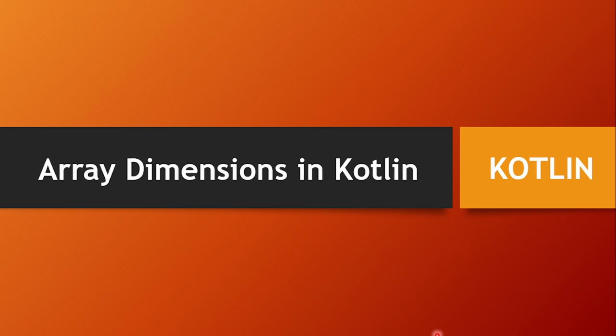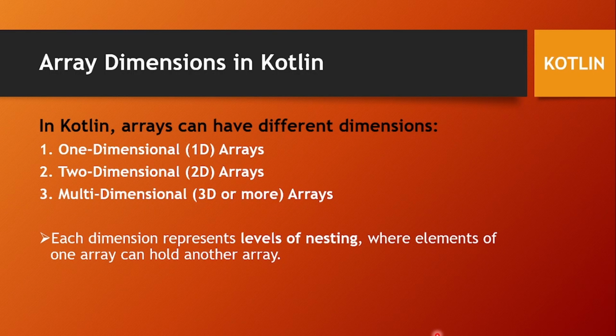So today we are diving into dimensions of arrays. We will see what the dimensions of arrays are. As you can see here, we generally have three types of arrays, or three dimensions of arrays. The most used arrays are 1D, 2D and 3D arrays. 4D arrays are so rare to use.